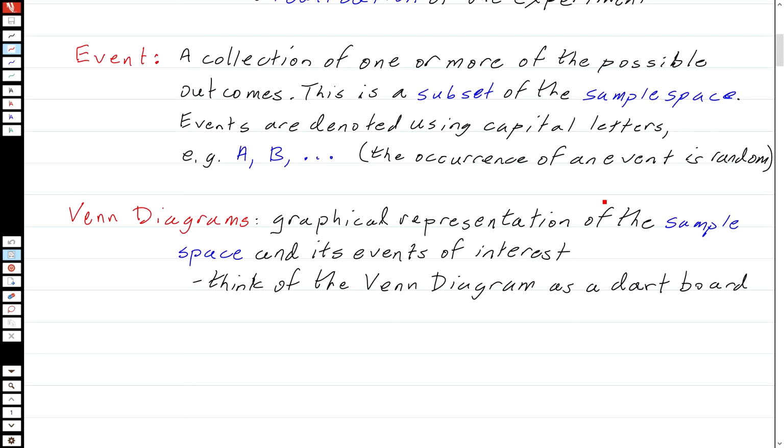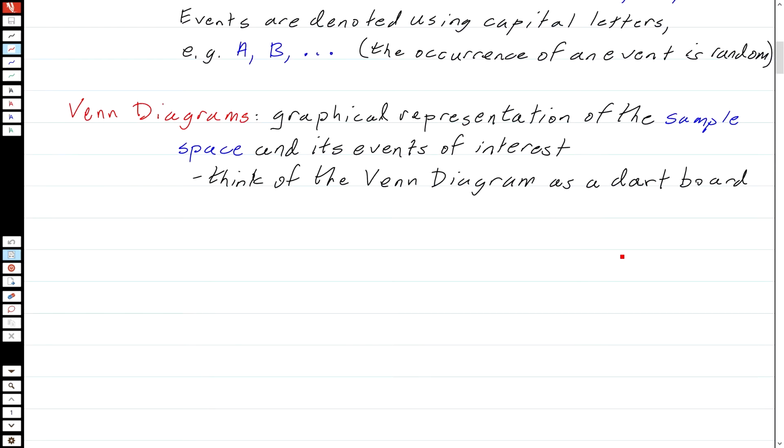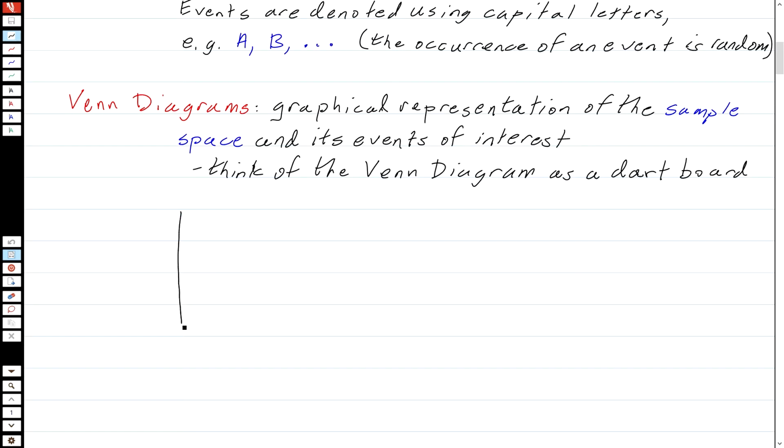A really useful way of depicting set theory is through Venn diagrams. And this is basically a graphical representation of the sample space and the events of interest. So, for example, we could have a Venn diagram of wind speeds. And basically, for a Venn diagram, I just draw a box.